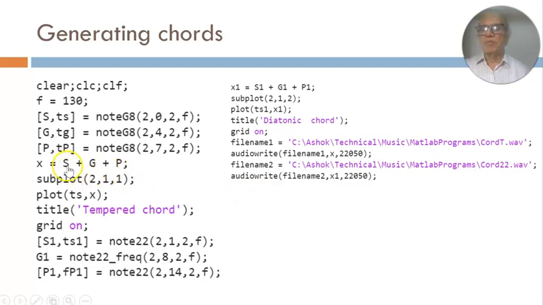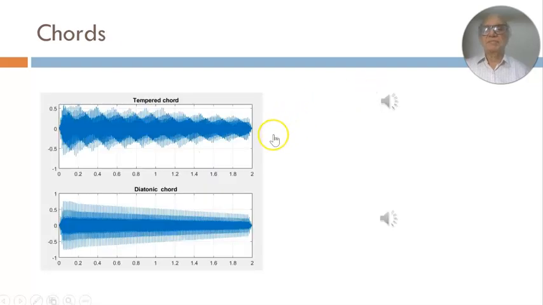But the main point is that you generate a chord using tempered notes, and then you also generate a chord using diatonic notes, and then we would like to see the difference. So we'll see the difference in two ways. One is graphical and the other is audio. So let us see that.